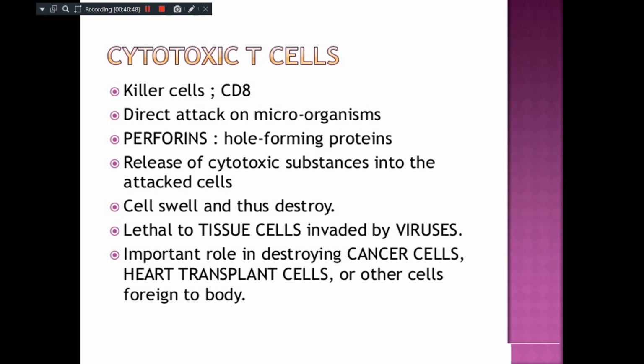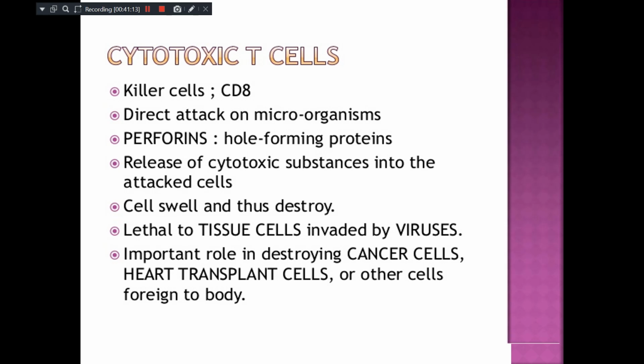This happens if a cell is already infected. Then these killer cells will attack not only the microorganism, but the entire cell. They play an important role, especially in destroying cancer cells nowadays, because cancer cells are different, and now in immunotherapy they are using the killer cells.